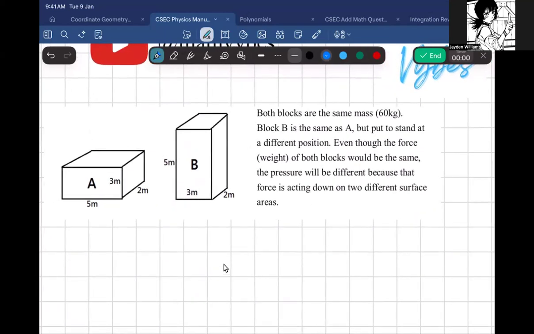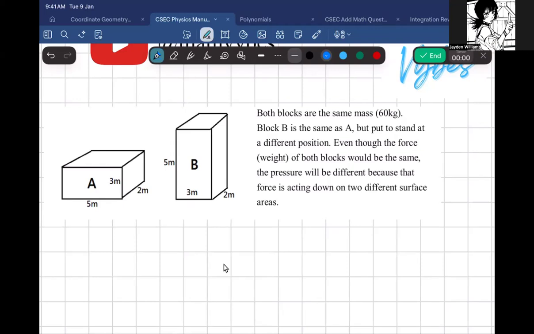Both blocks are the same mass, 60 kilograms. Block B is the same as A, but put to stand at a different position. Even though the force weight of both blocks would be the same, the pressure will be different because that force is acting down on two different surface areas. Did you understand what I just read?